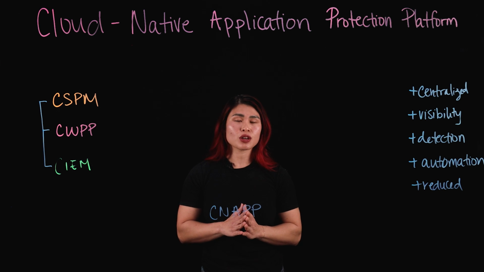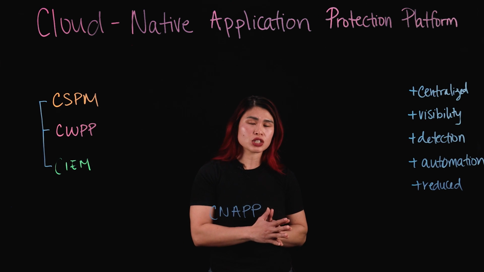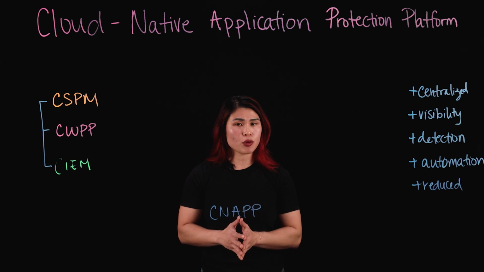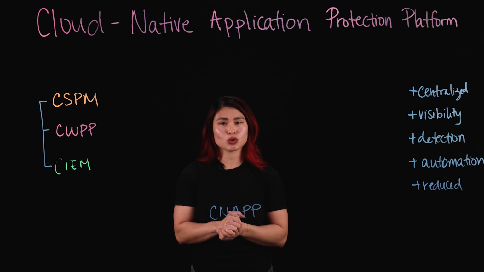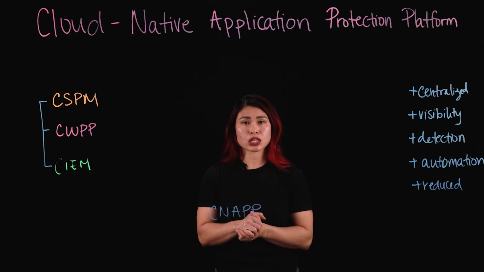And these are going to be some of the key benefits to consider when looking at a CNAPP platform and considering how can you apply this strategically into your business and organization security and compliance structure.